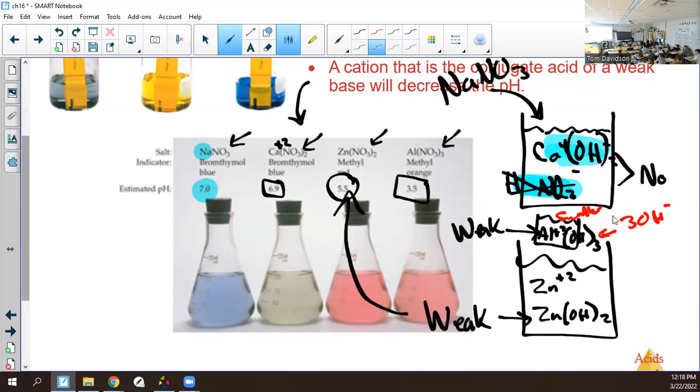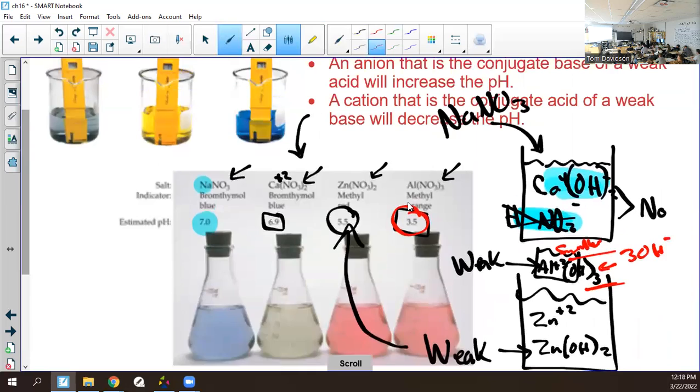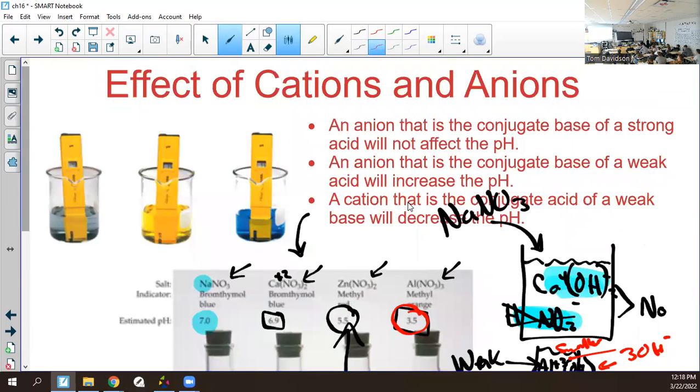So the smaller and the more charged it is, the more acidic it is. We would have never really thought before today that just adding something completely not acid or base can make something a base or acid, but we really can.